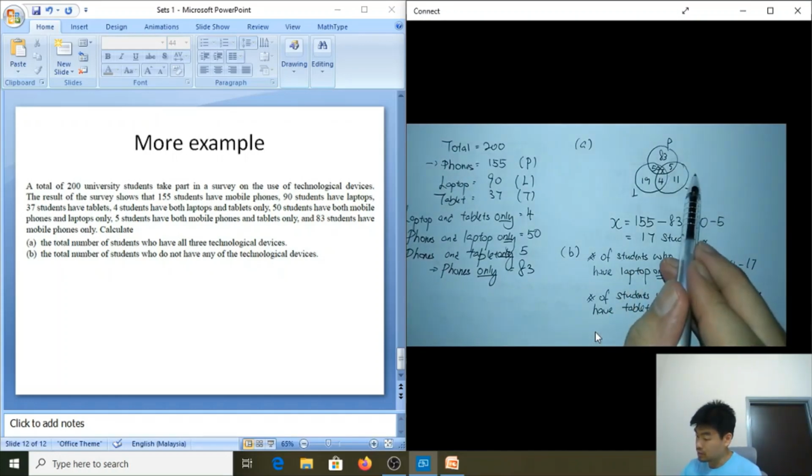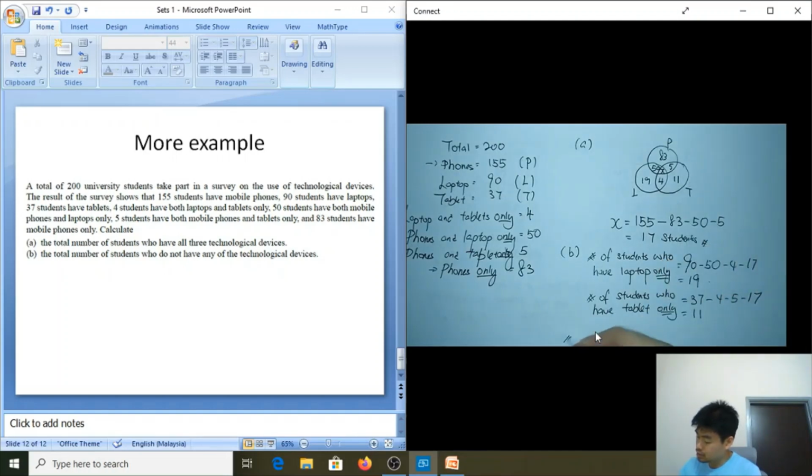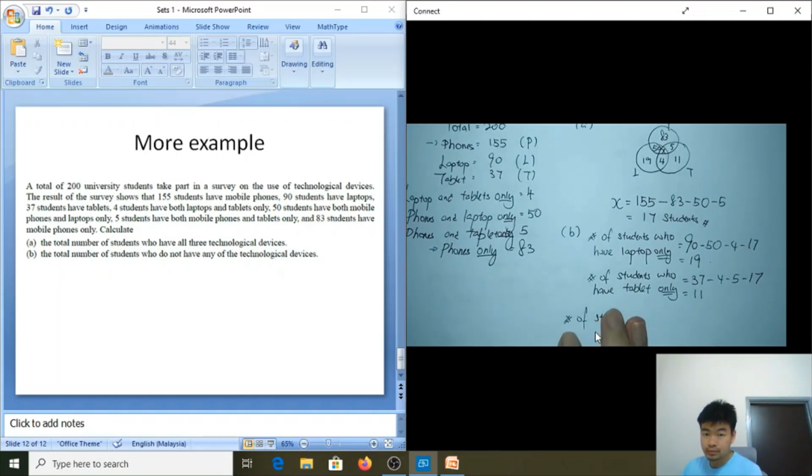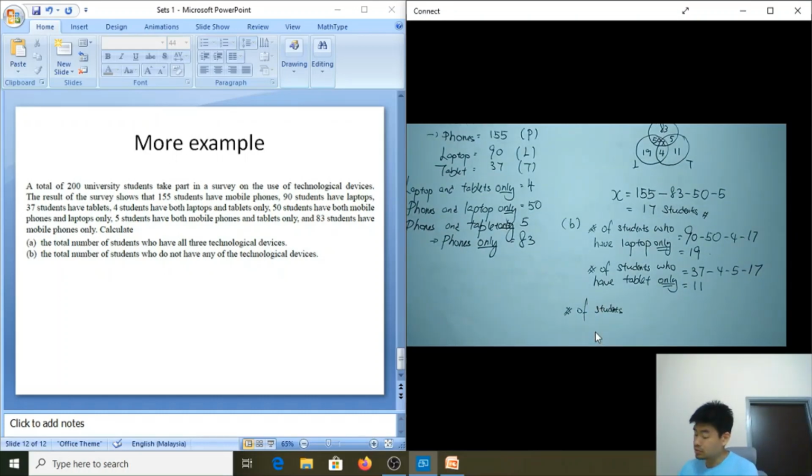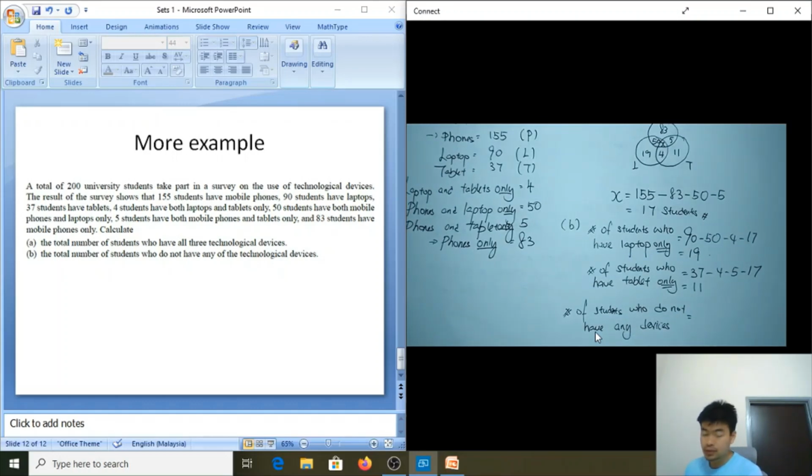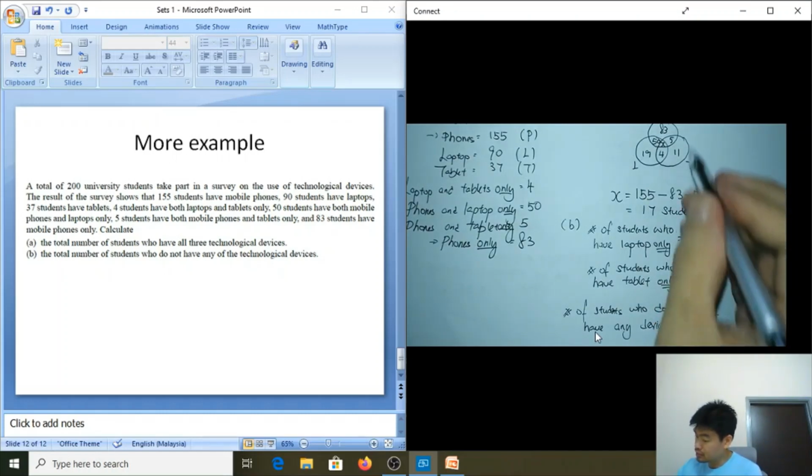I want to find the number outside, the number of students who do not have any devices. So total 200, minus every number inside.